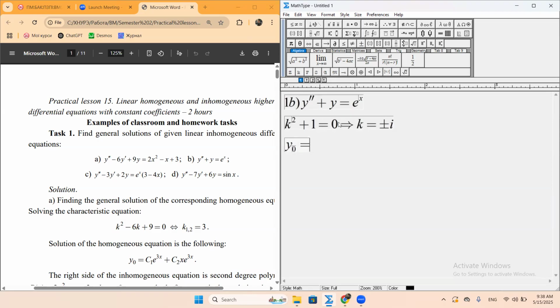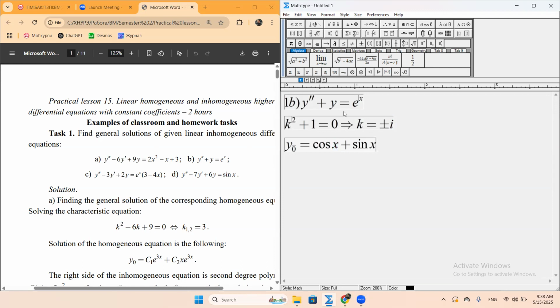The solution of the homogeneous equation will be written down as cosine of x plus sine of x. This i is the coefficient of the argument of cosine and sine.